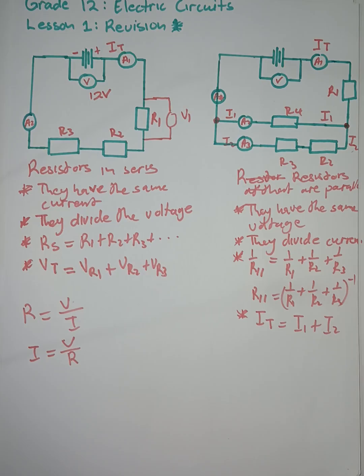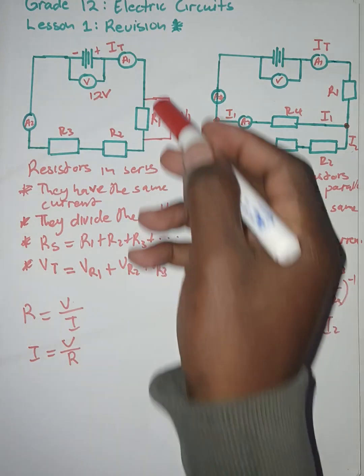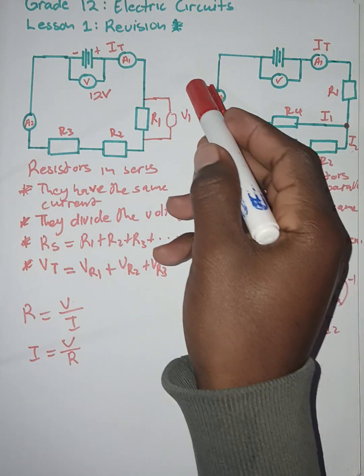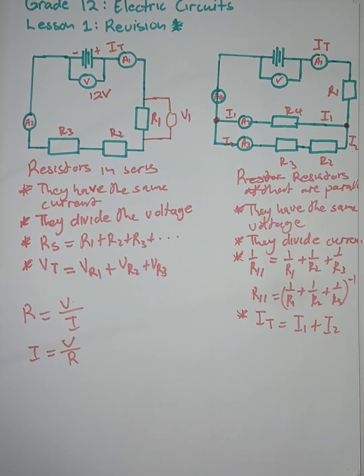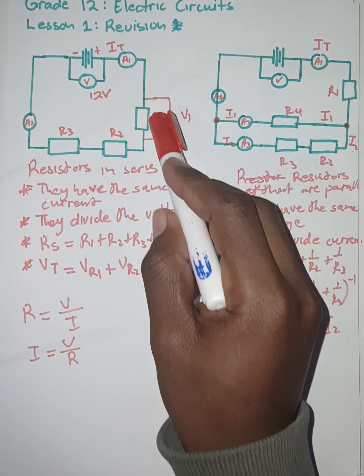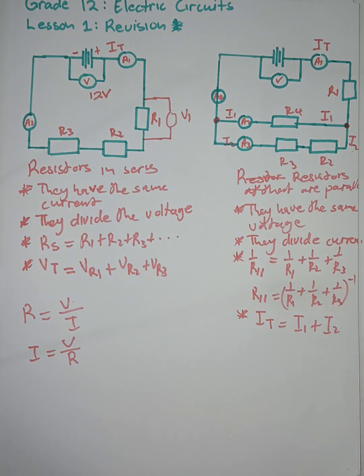Now suppose you were calculating the current across that resistor. If you have the voltage, you would need to use that resistor, not any resistor, but R1. That's one important thing that you need to note.